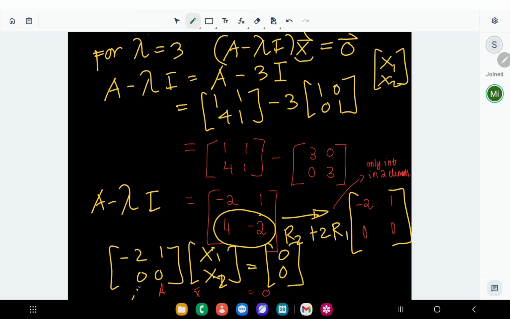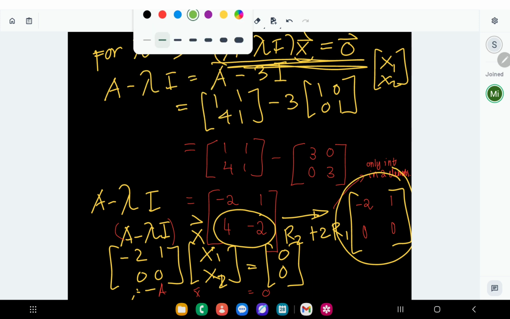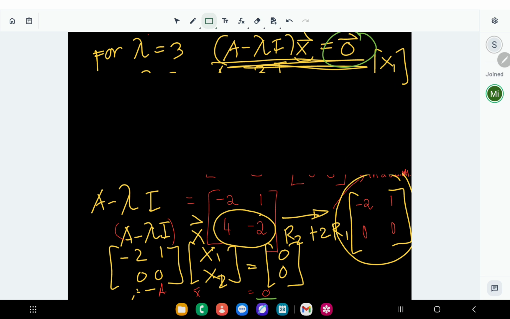This is A minus lambda I, from here, right? And this one is x, the eigenvector, from the equation. And then this is the 0 vector. Okay, can I delete this one?